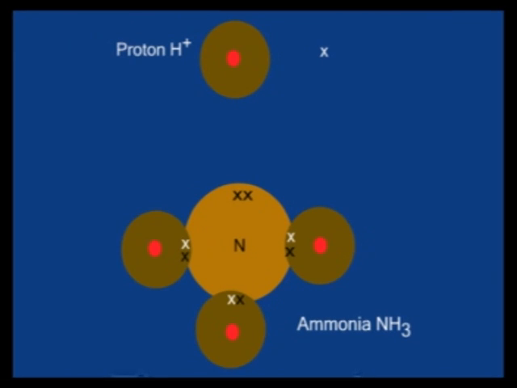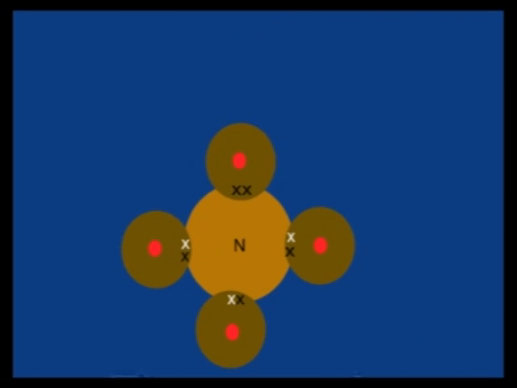However, ammonia can be kind enough because it has a lone pair of electrons it can share. Hydrogen can combine with ammonia and accept these unshared electrons in its energy shell. So this is what happens. The hydrogen comes and accepts the two unshared electrons from ammonia.